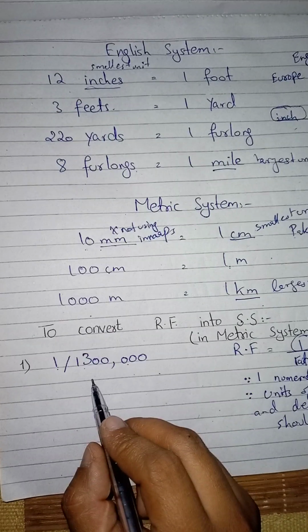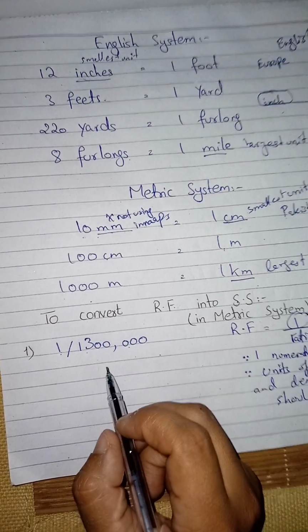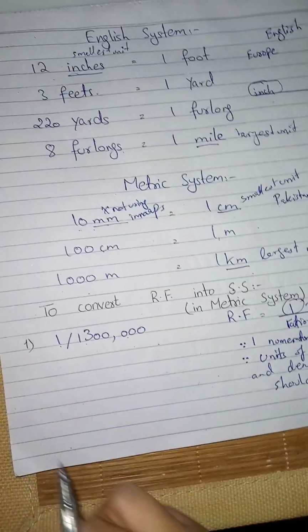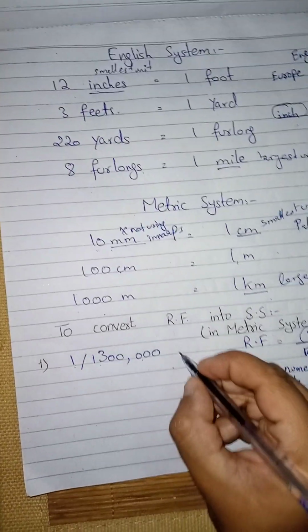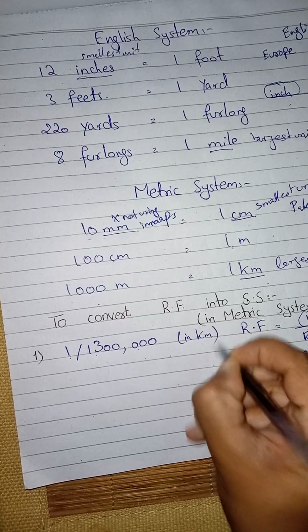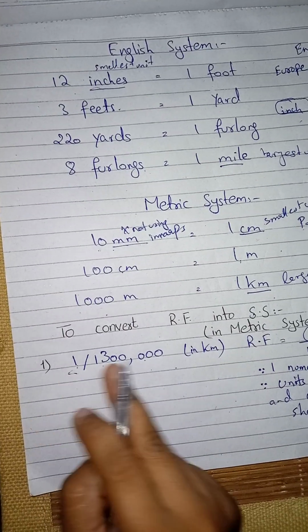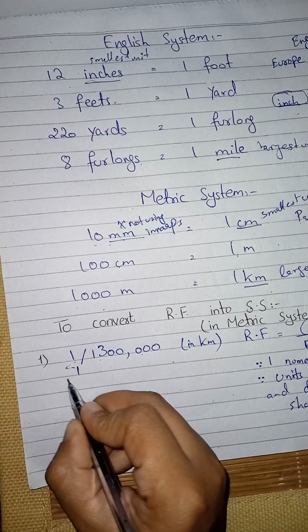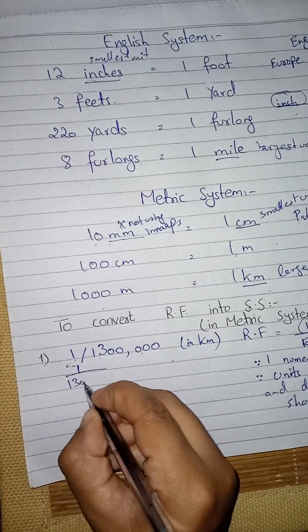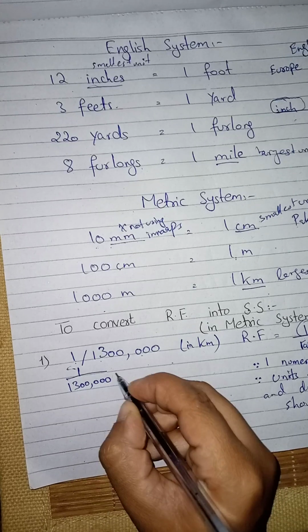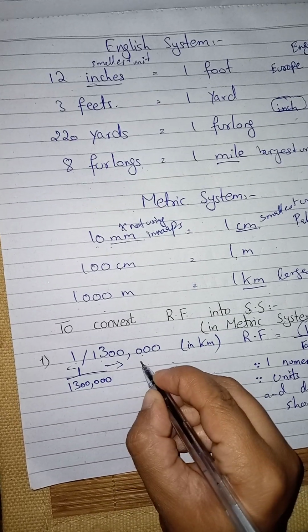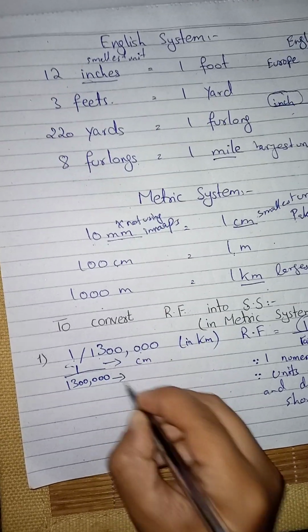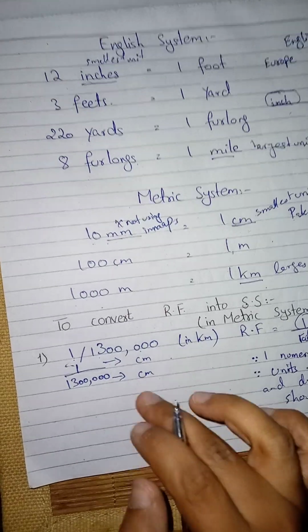So if we have this question and we have to convert it into kilometers, for example, then both have the same units. It is 1/1300,000, so its numerator is in centimeters and its denominator is also in centimeters. Why centimeters?